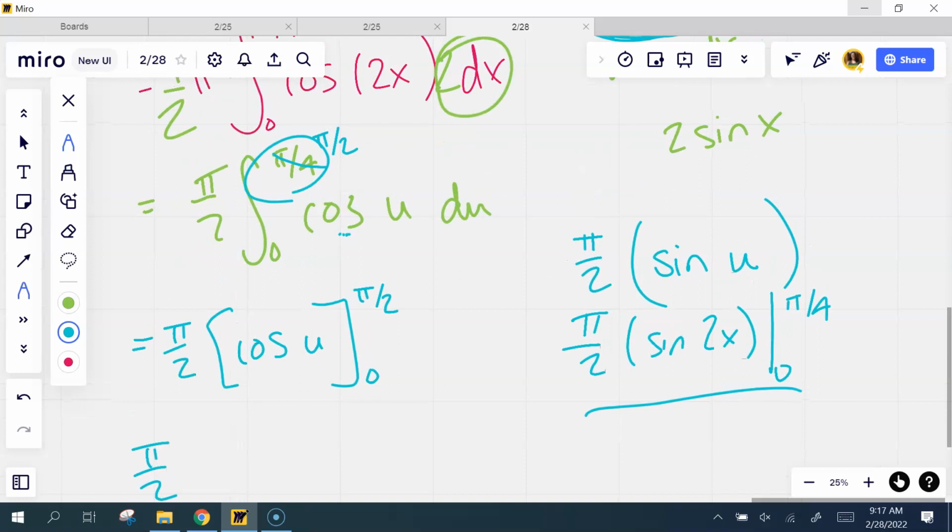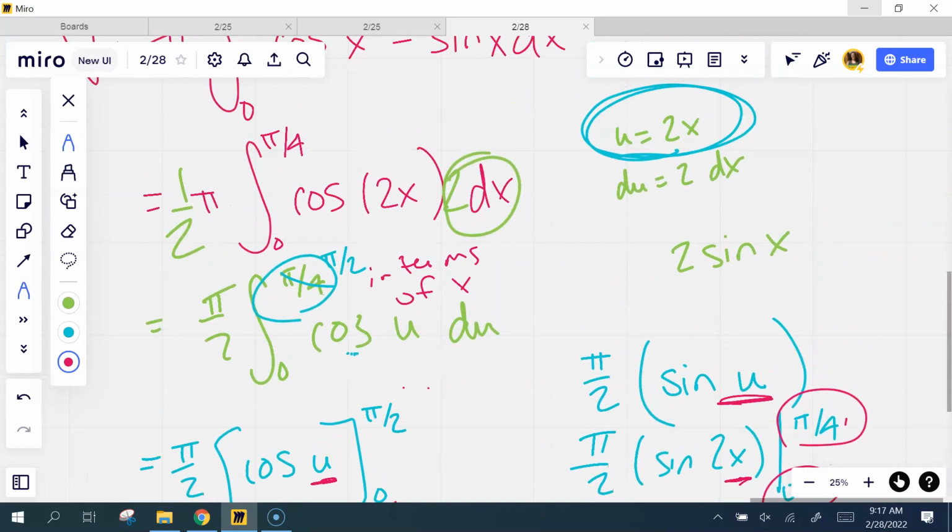These bounds, the way they're written, are in terms of x. If you have a u in your answer, then you need your bounds in terms of u. This was originally in terms of x, so I keep it in terms of x. If my u is 2x, then my du is 2dx, so I need a 1/2 out here to counter that.